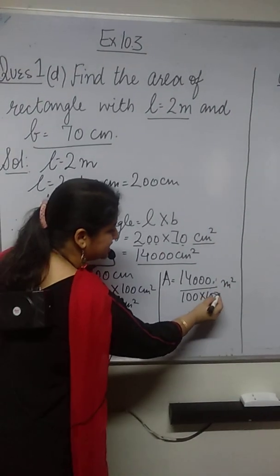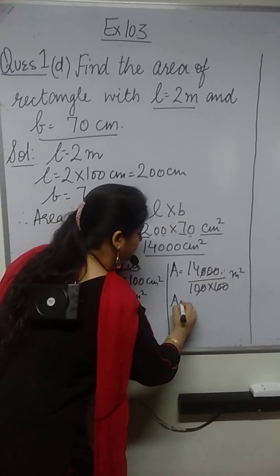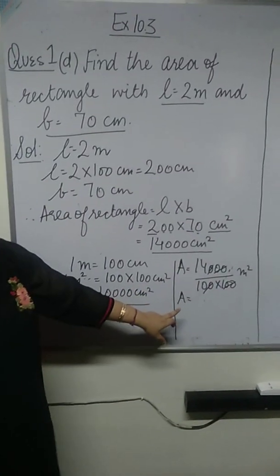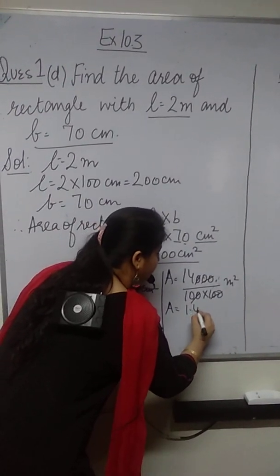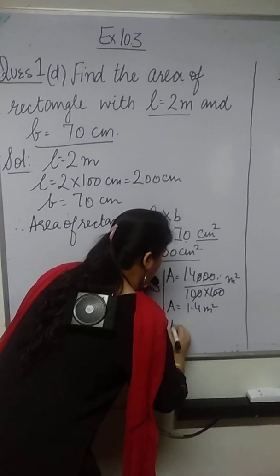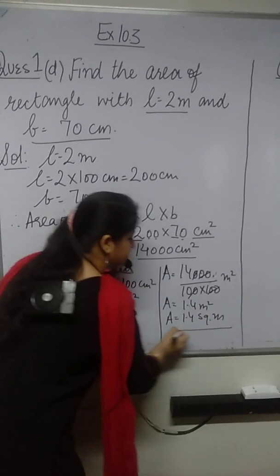You can easily cancel these 2 zeros and 1 zero from here. Now you are left with 14 upon 10, and if I convert it into decimals, it will become 1.4 meter square or 1.4 square meters.